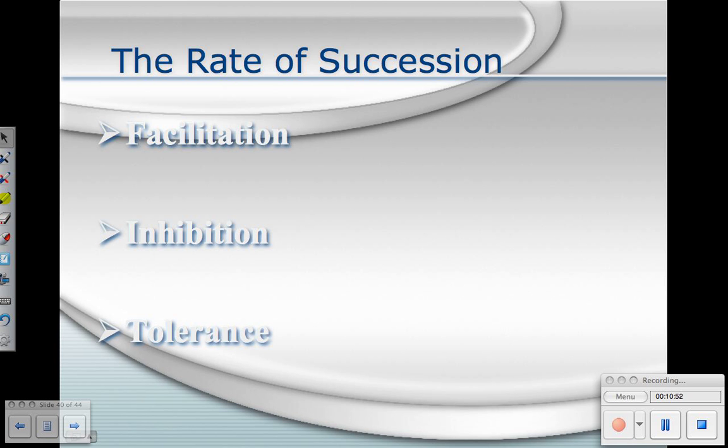And then tolerance is, when you think of an ecosystem's tolerance, how capable is it of being affected by change, or things that control the overall success of that forest being able to adapt to inputs.